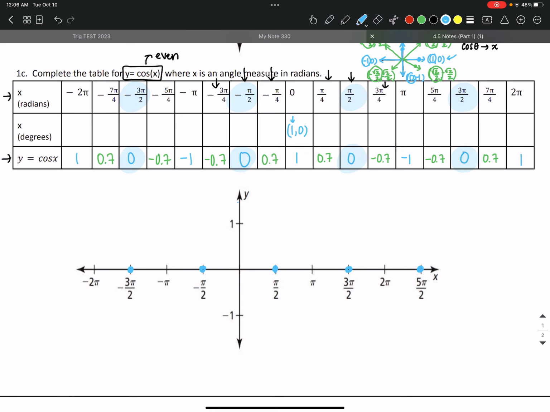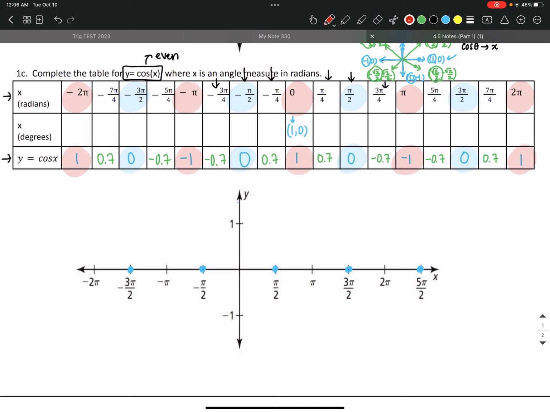Then I'm going to look at my maximums and minimums. So I have (0, 1), (pi, negative 1), (2 pi, positive 1), (negative pi, negative 1), and (negative 2 pi, positive 1). And I'm going to plot those on my graph. Cosine is also going to be a wave graph, so I can connect these in a wave.